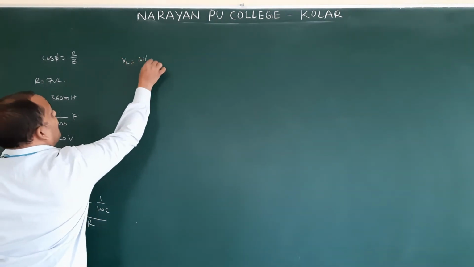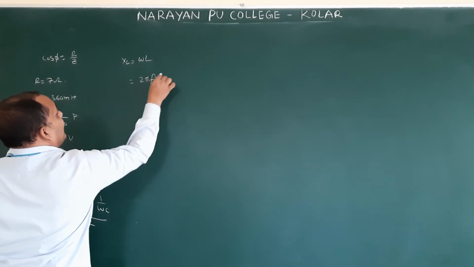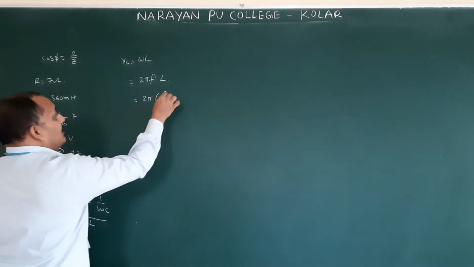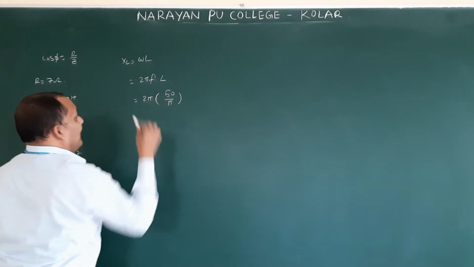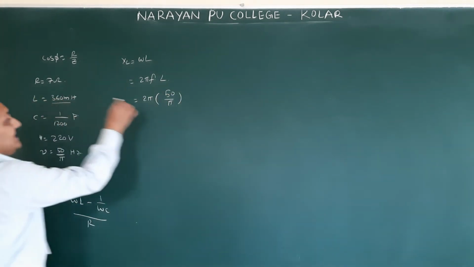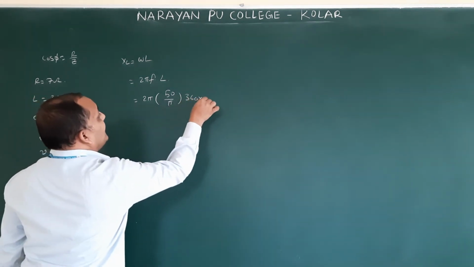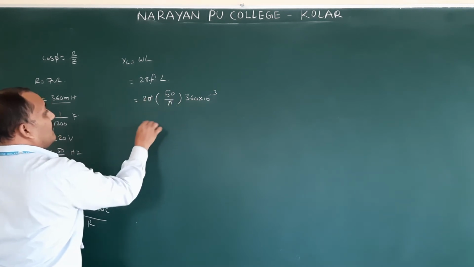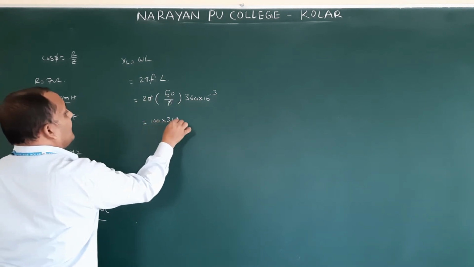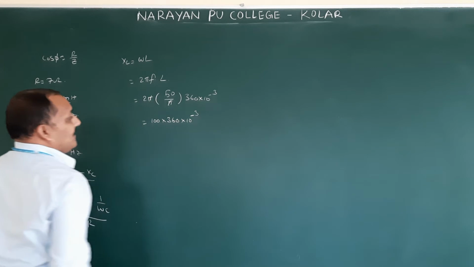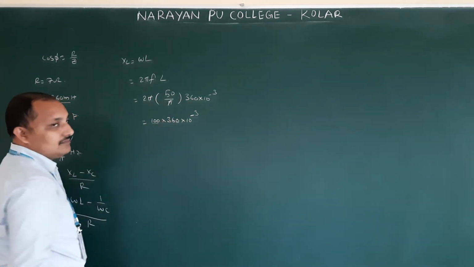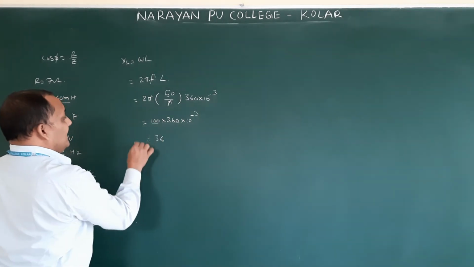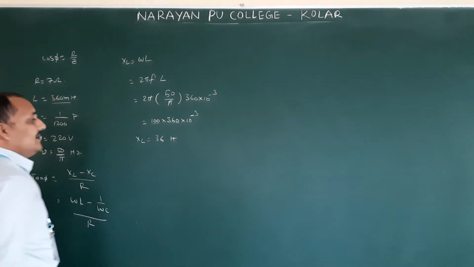XL is equal to omega L, which is 2 pi F into L. What is the 2 pi F value? Mu value is 50 by pi. What is the L value? 360 millihenry, 360 into 10 power minus 3. 100 into 360 into 10 power minus 3. 3 zeros means 10 cube. 10 cube, 10 power minus 3, 36 henry.